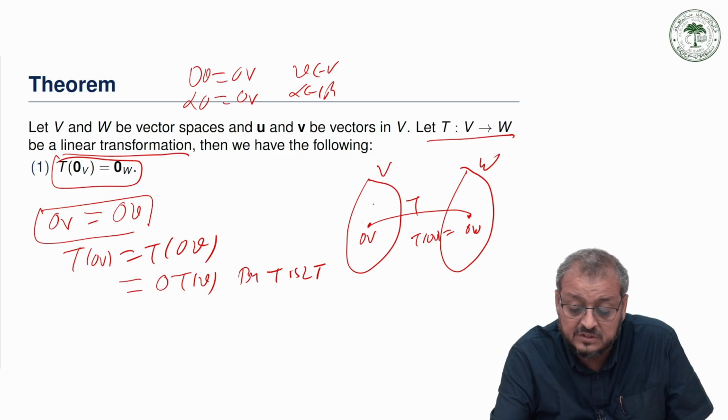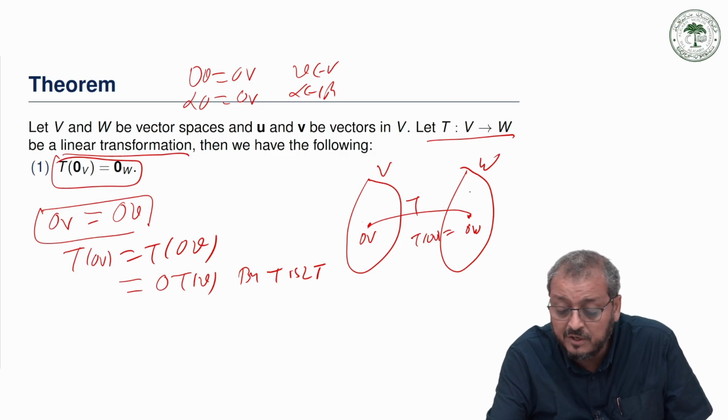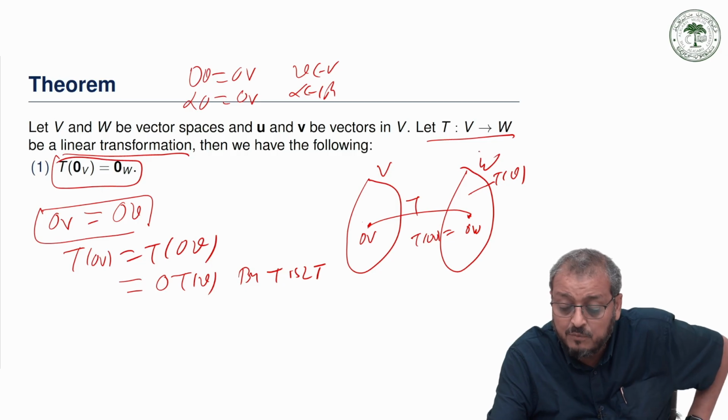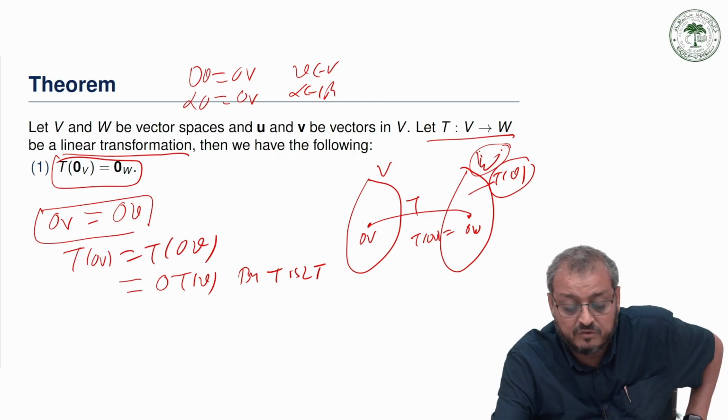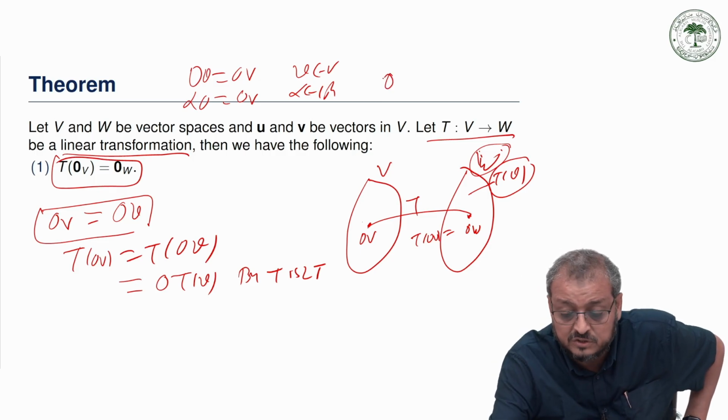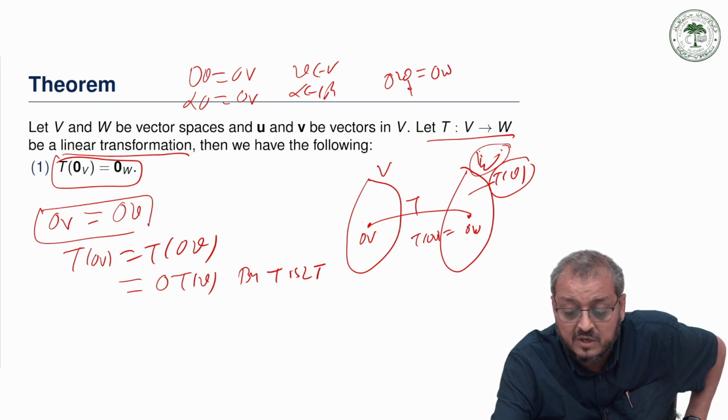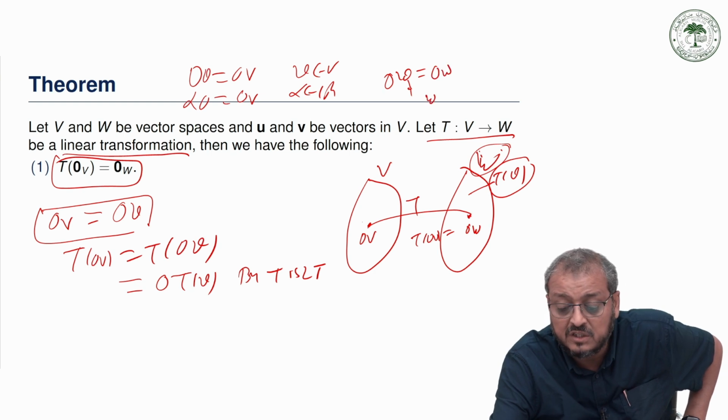The elements of this are of the T(v) type, and if the image of T is a subspace of W, then T of v also satisfies all the properties of a vector space. Like this, 0 times any element w is equal to 0_W, where the elements w are of the form T of v.